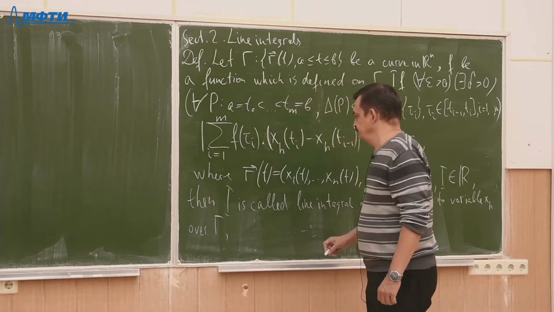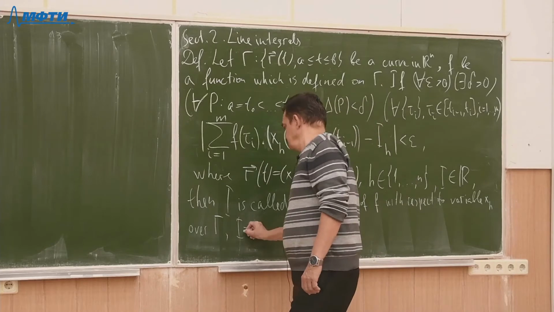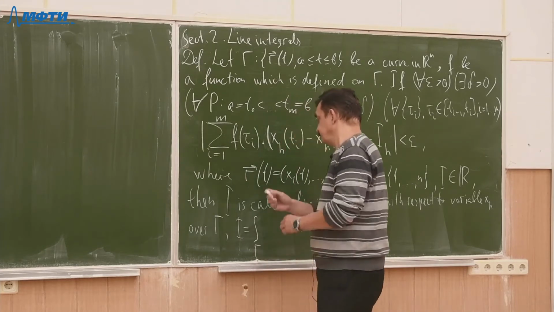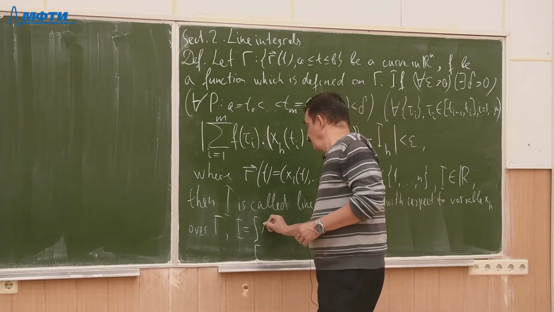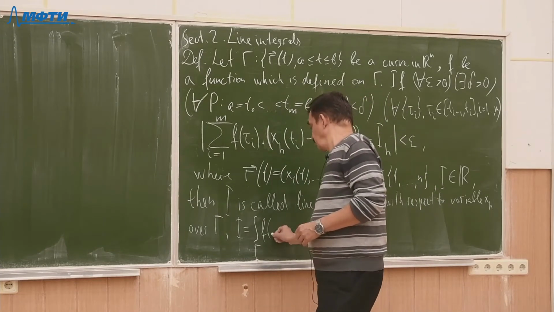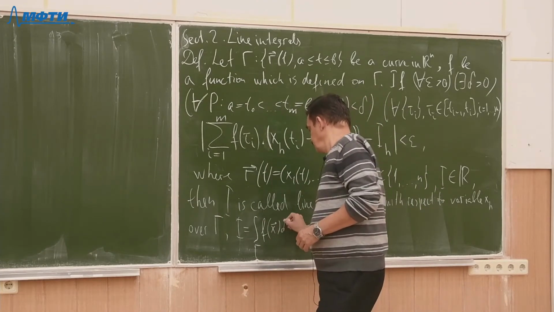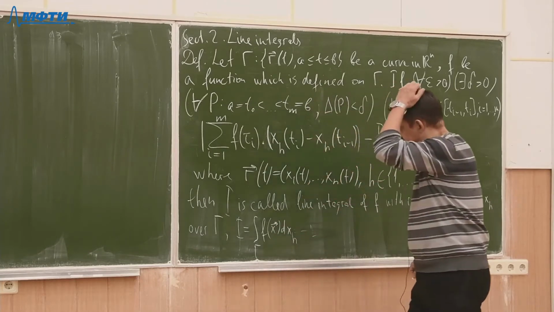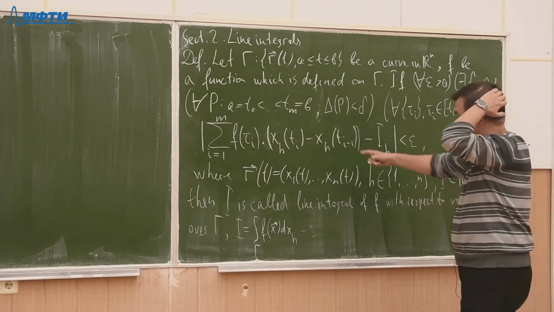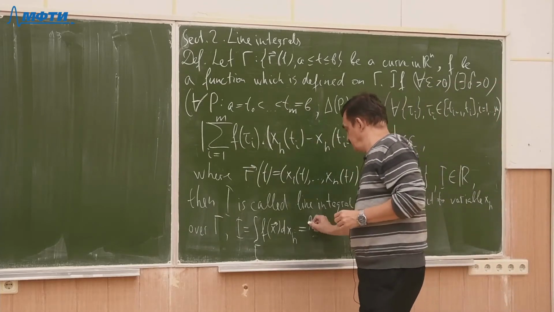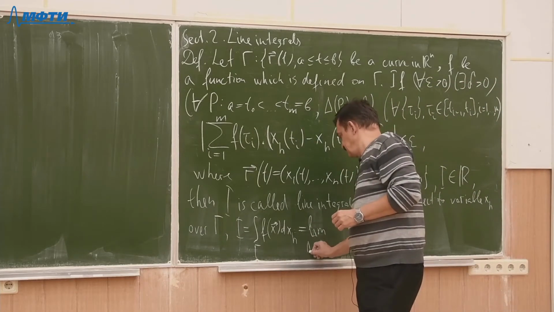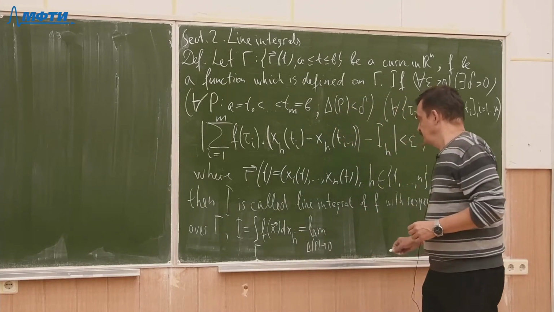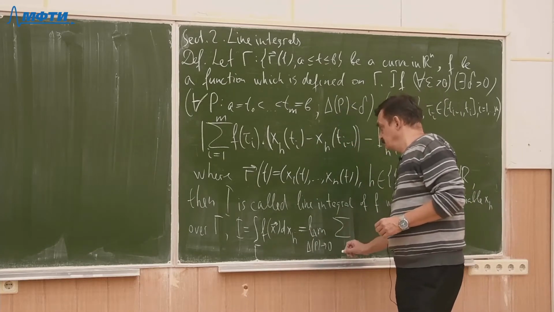Notation: I is the integral over gamma of f of x vector d x_h. And this writing also means the limit as the diameter of P tends to 0 of those integral sums.